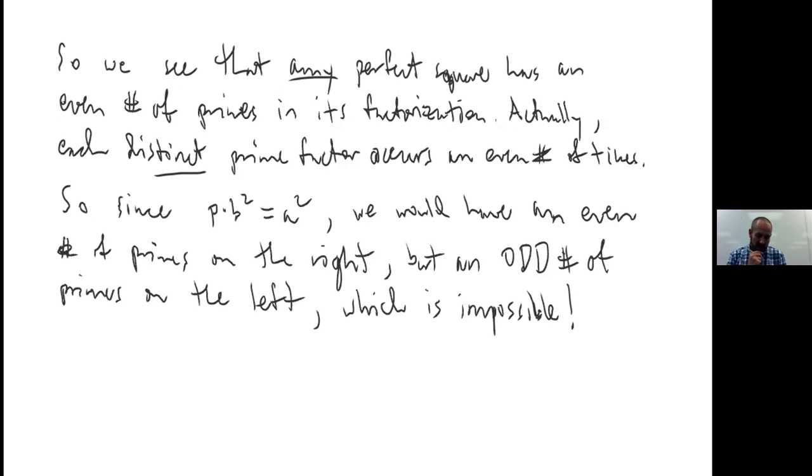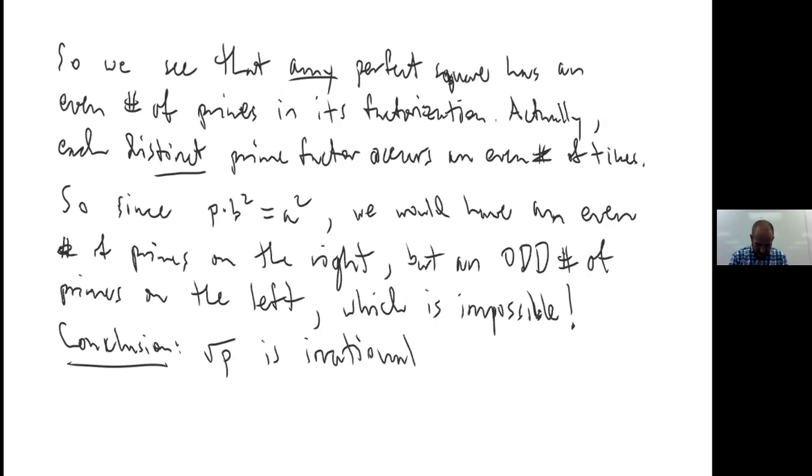Okay? So what do we conclude? What's the conclusion? All right, the problem was our starting point. We said that the square root of P was rational, yes? Okay? So the conclusion is that the square root of P is irrational. So that's cool, okay? Because, for example, the square root of 5 is irrational.